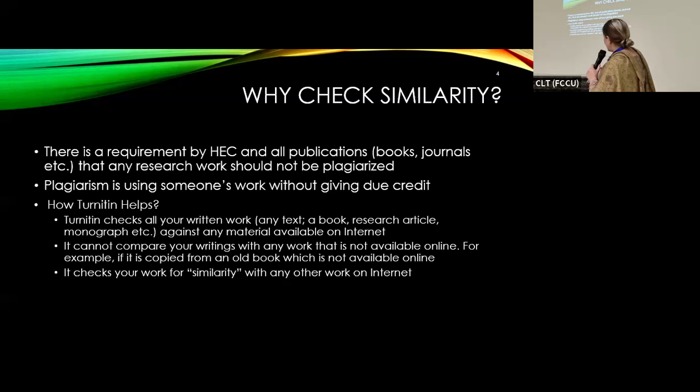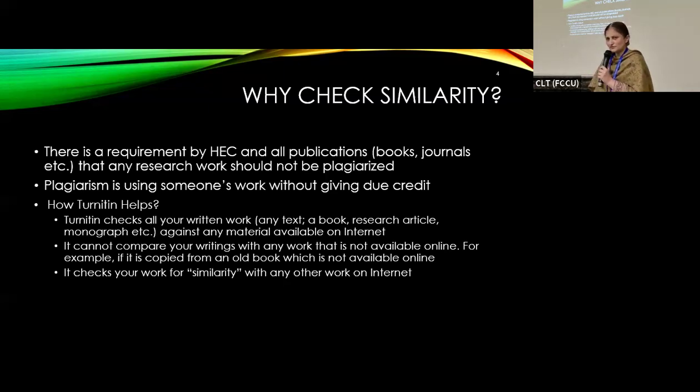Now, how does Turnitin help us? Turnitin checks all your written work, text, books, not pictures right now, but maybe in future, against any work that is available online. That is important. Why I'm saying this again and again: it cannot compare your writing with any work that is not available online.